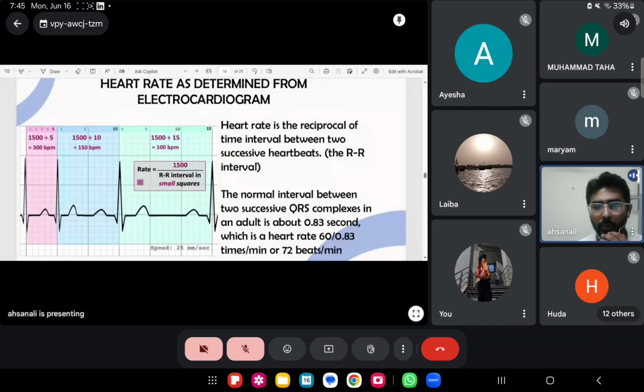Again, this is for when you have time. Generally, if you don't have time, remember where the QRS complex is falling: if at 1 large box, 300; if 2, then 150; then 100; if after 4 large boxes, then 75, and so on.